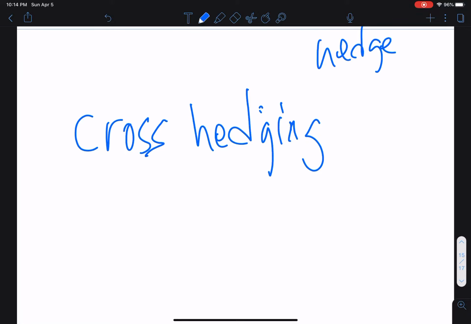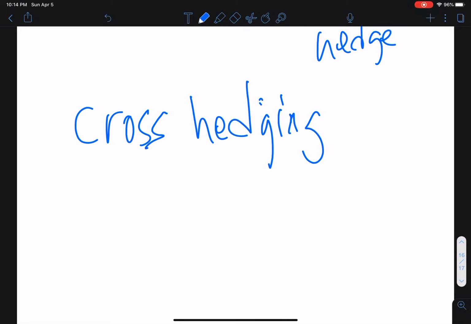Why not crude oil futures, or gasoline futures, or something else? The reason is heating oil futures seem to be more highly correlated with the changes in the price of jet fuel. So that's an example of cross-hedging.